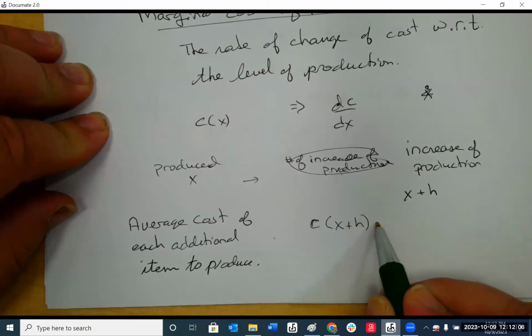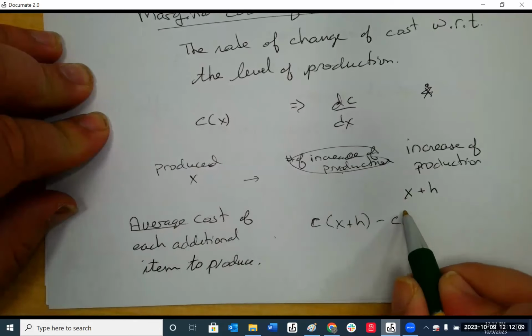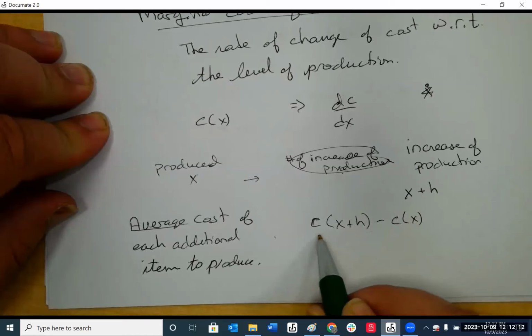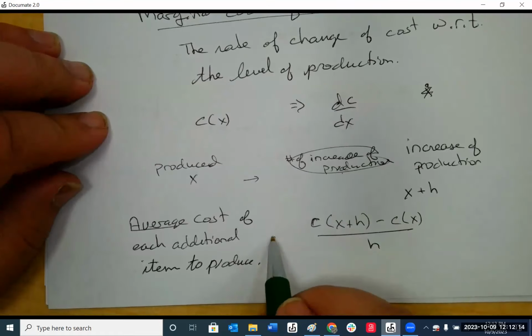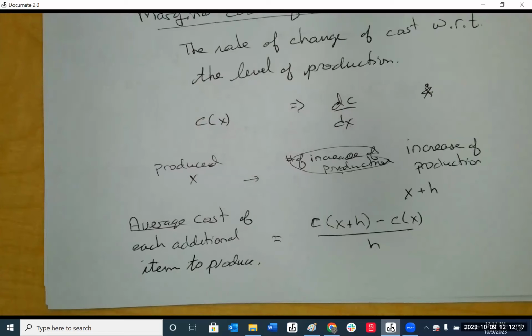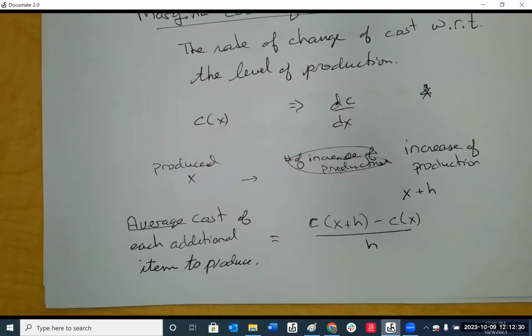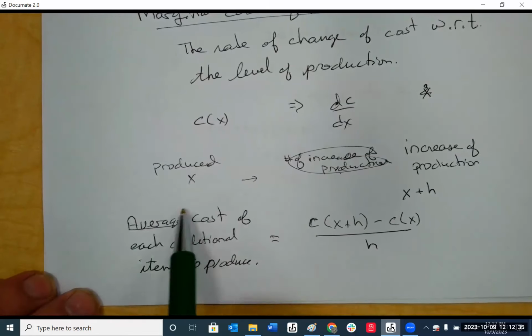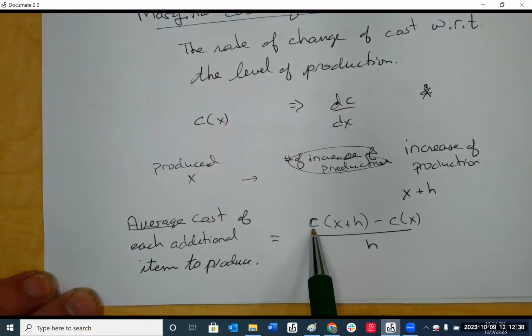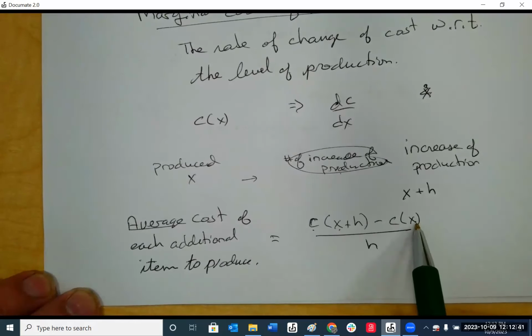Remember, average cost or average is this one. This goes back to what we just did earlier. The average rate of change was f of x plus h minus f of x over h. This is the average cost: C of x plus h minus C of x.